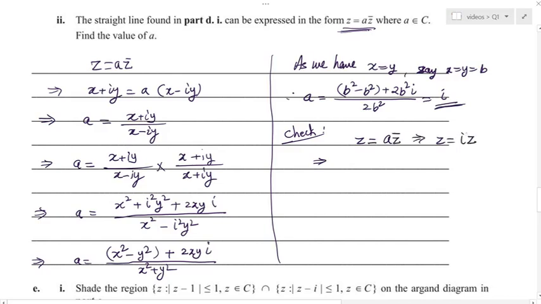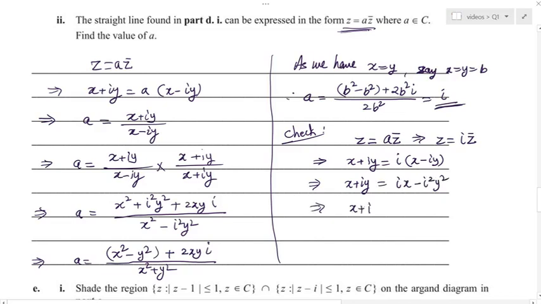I am saying that this should give me the Cartesian equivalent x equals y. So let's do this. x plus iota y equals iota x minus iota y squared.